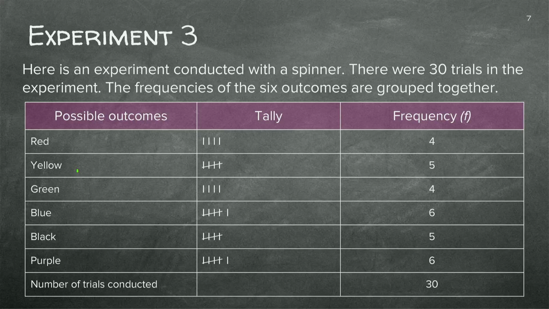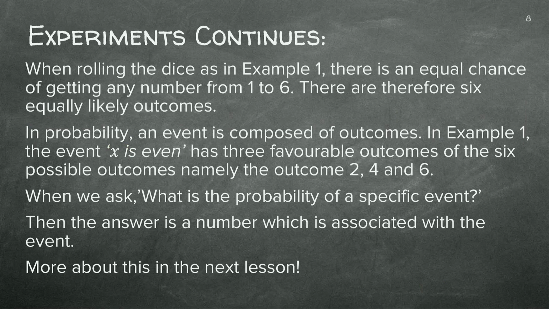So it landed 4 times on red. So x equals red was 4, x equals yellow 5, and so on. And then just to check our facts, if we add this up, we ended up with 30. Just to check that we recorded our results correctly.